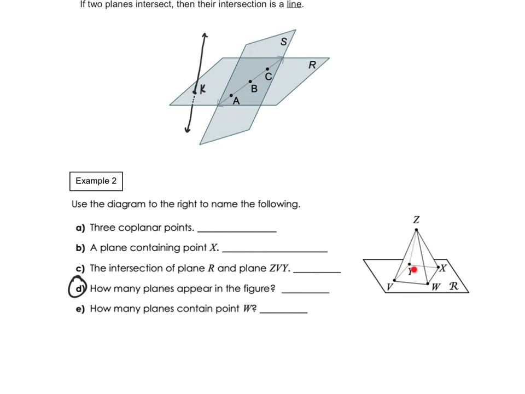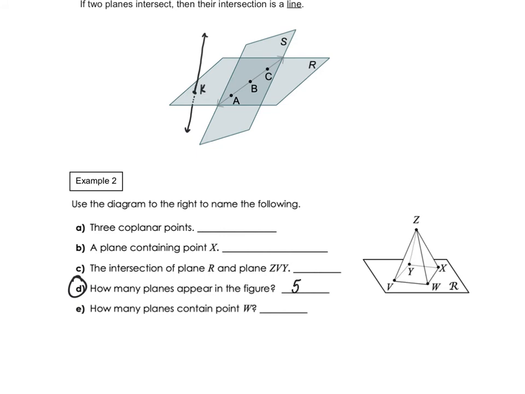Each side of this pyramid sits on a plane. Each one of those sides could be considered a plane, but it's a limited size plane, whereas plane R here extends on forever and ever in all directions. So just keep that in mind. So we could say technically there would be 5 planes.